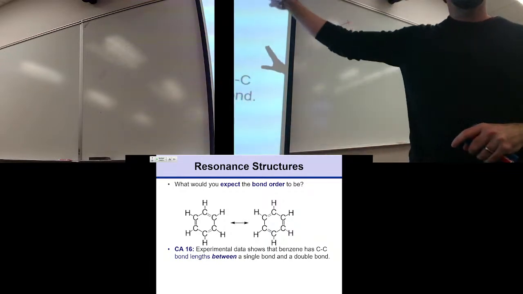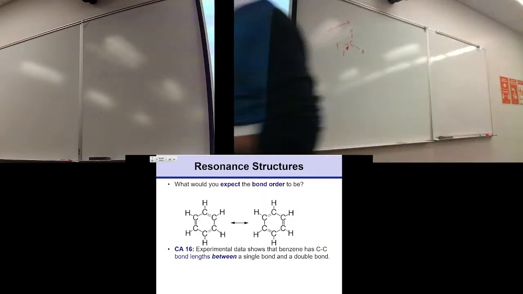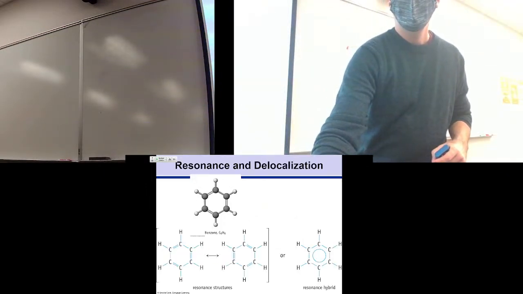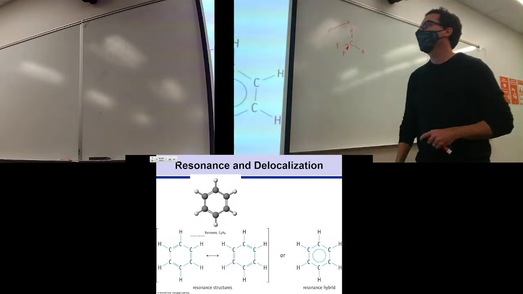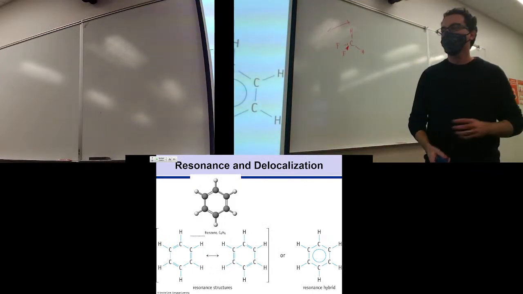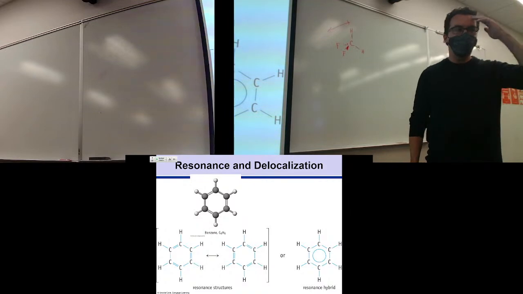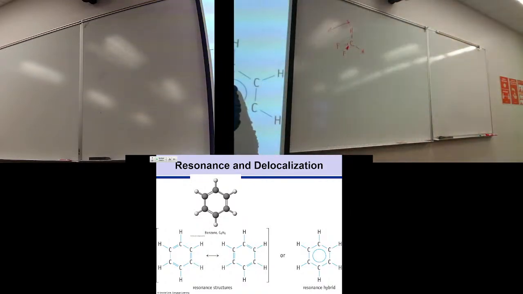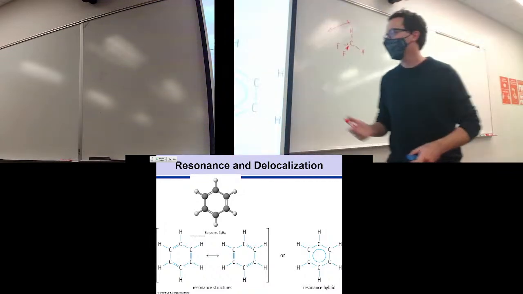So really the true picture of benzene is some combination of these two, like an average of these two. And there are a couple of ways to show that. It's called the resonance hybrid. A resonance hybrid is kind of an average or a mixture of the different resonance structures.